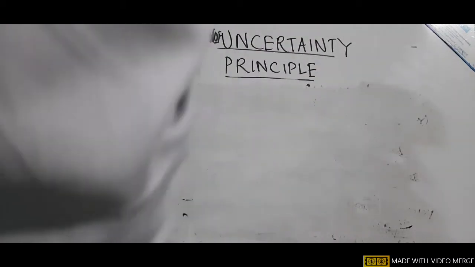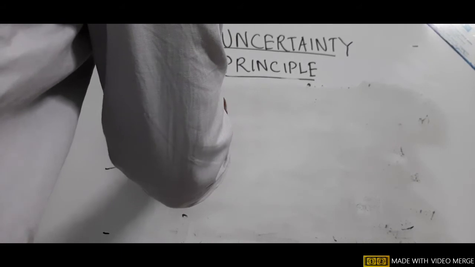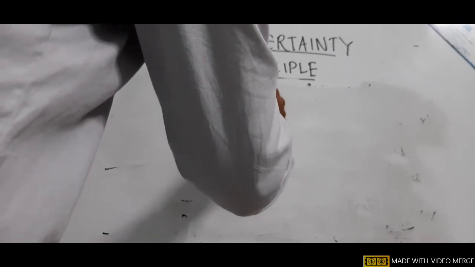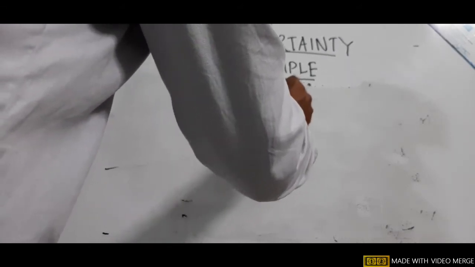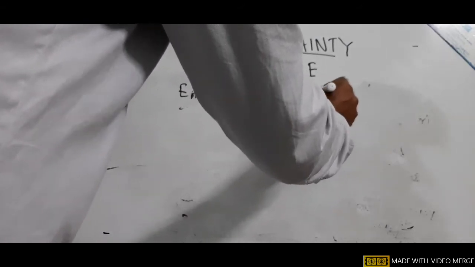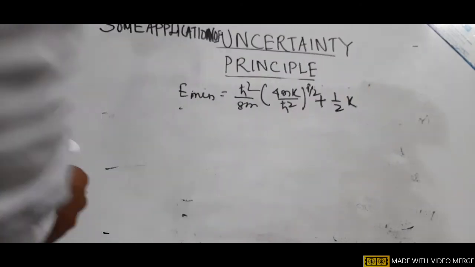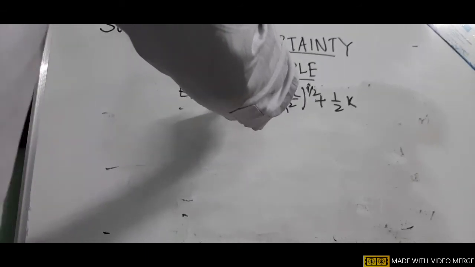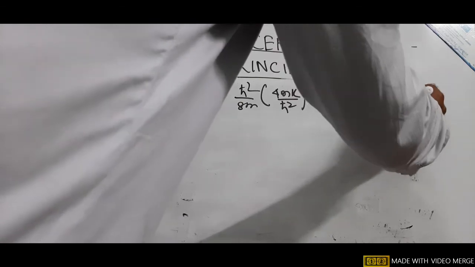E minimum equals h squared by 8m times 4mk by h squared whole to the power half, plus half k del x squared. So h squared by 8m del x squared is this much, and half k del x squared. We have del x squared equal to h squared by 4mk whole to the power half.